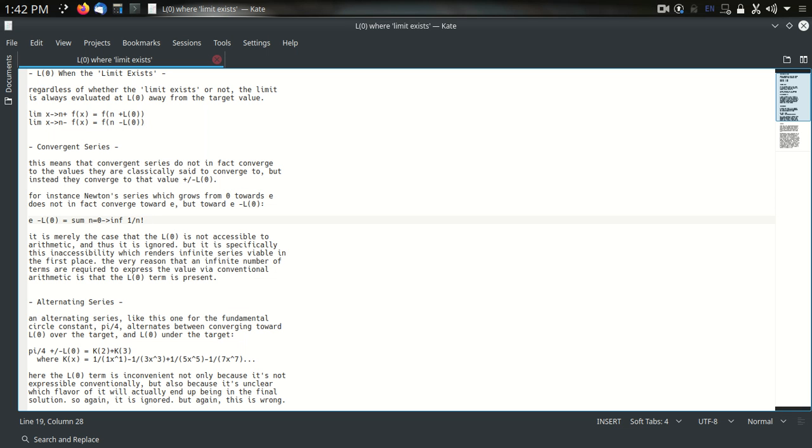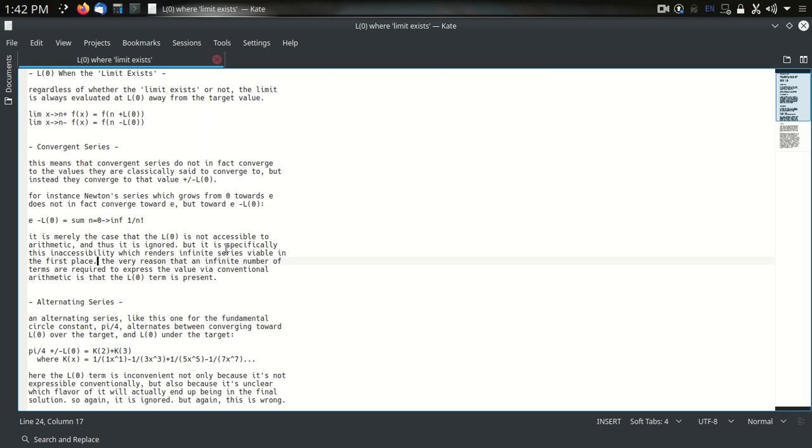It's merely the case that L naught is not accessible to arithmetic, and thus it is ignored. Right? It is so tiny that you cannot even approximate it with arithmetical means, right? But it is specifically this inaccessibility which renders infinite series viable in the first place.